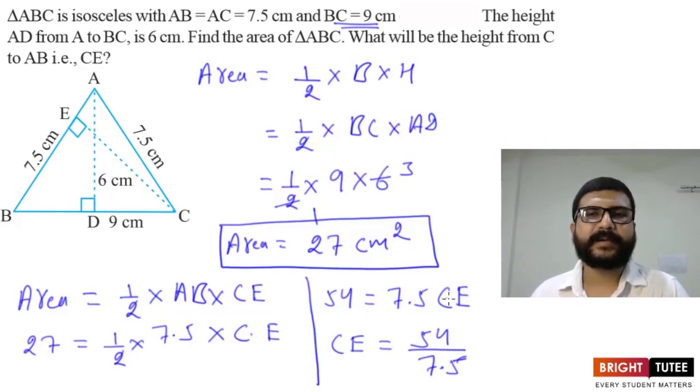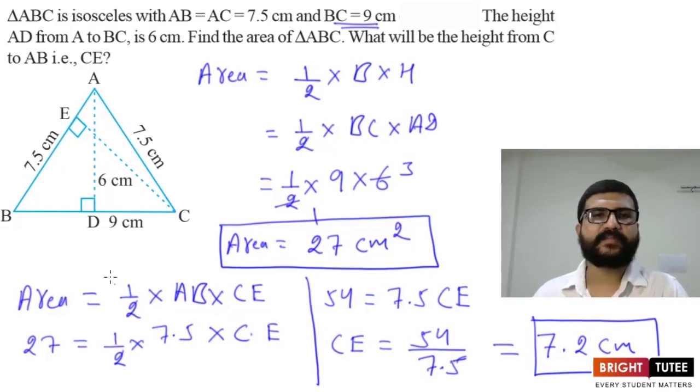As 7.5 is multiplied with CE, so after transposing it will come in division. Now we just have to find 54 divided by 7.5, and we know how to divide two numbers. So by dividing them we will get 7.2 centimeters. So therefore we are getting CE as 7.2 centimeters and area of triangle was 27 square centimeters.